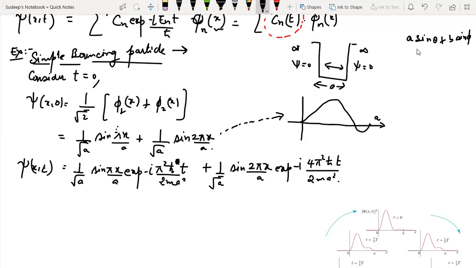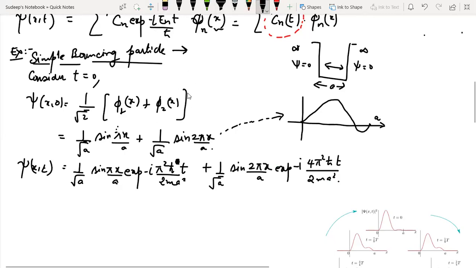What you can do is simply divide by root over a square plus b square, and then try to write it in one trigonometric form, either in cos or in sine.